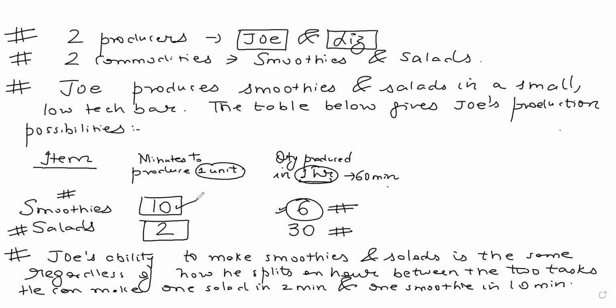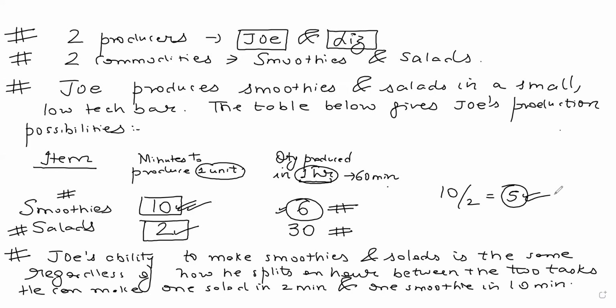If he had used these 10 minutes to produce salads, how many salads could he have produced? 10 divided by 2, which is 5 salads, because Joe takes only 2 minutes to produce one salad and 10 minutes to produce one smoothie. Suppose I say, Joe, you go and make a smoothie. He says, I am going to take 10 minutes. In those 10 minutes, he could have produced 5 salads.